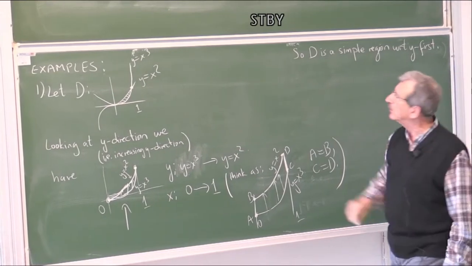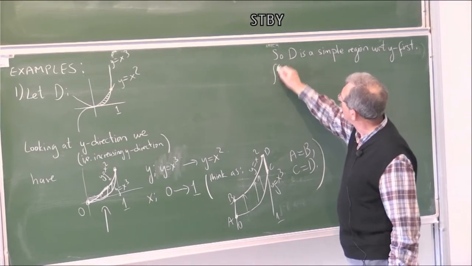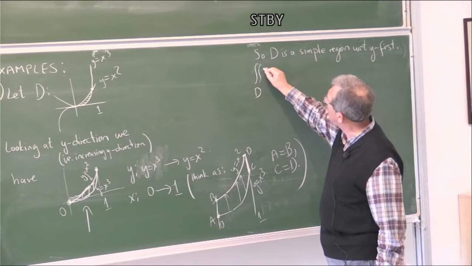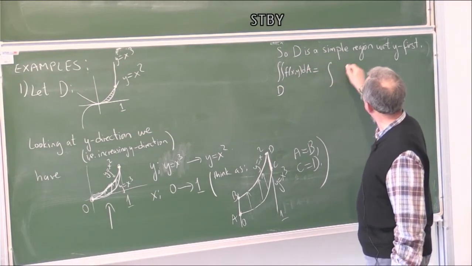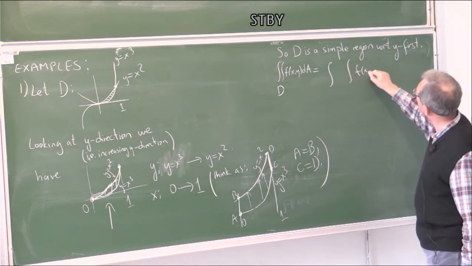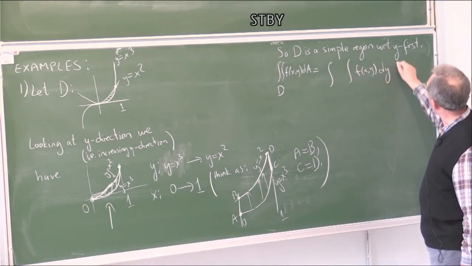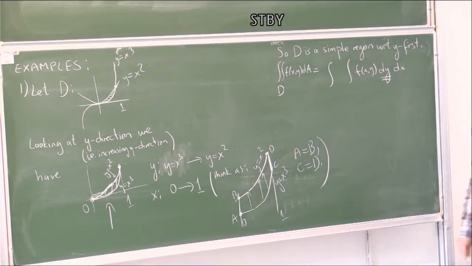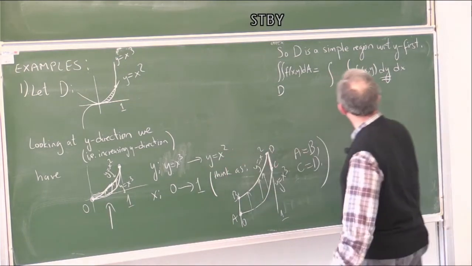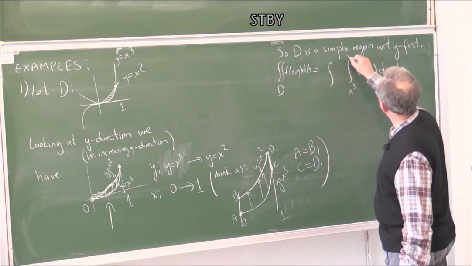Okay. So the integral over D of f can be written as an iterated integral, where you have y first. And y changes from x cubed to x squared.